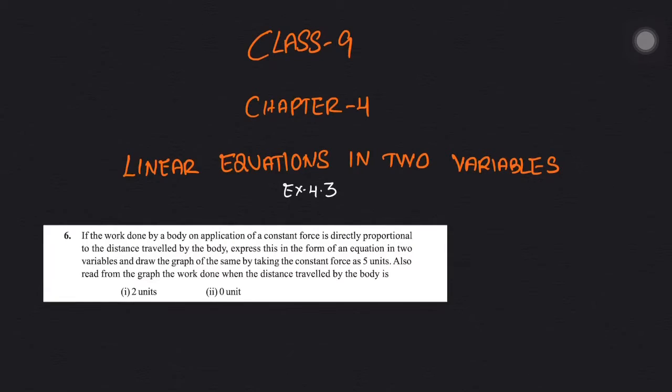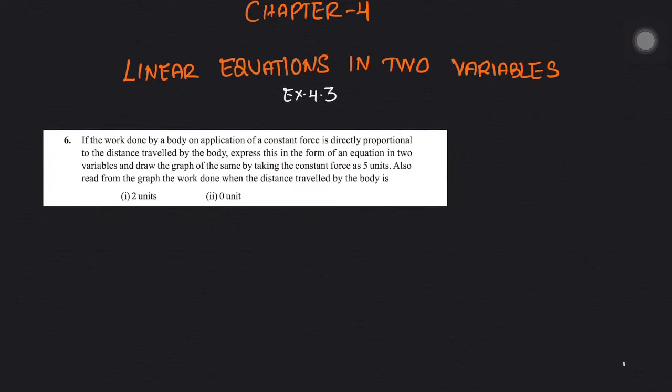Today we are going to discuss Chapter 4, Linear Equations in Two Variables, Exercise 4.3, question number 6. If the work done by a body on application of a constant force is directly proportional to the distance traveled by the body, express this in the form of an equation in two variables and draw a graph of the same by taking the constant force as 5 units.